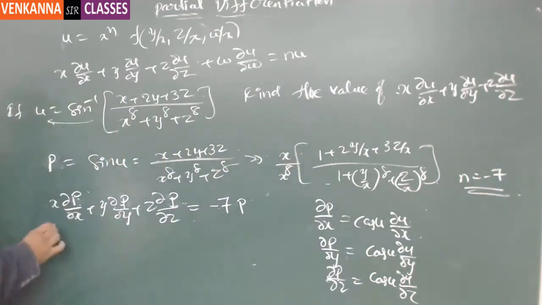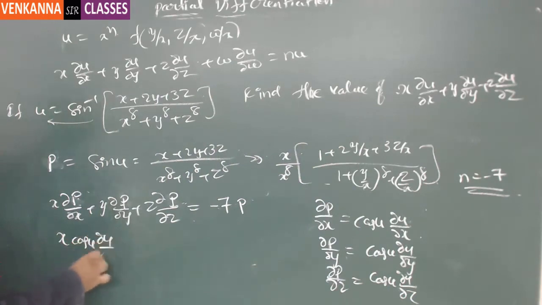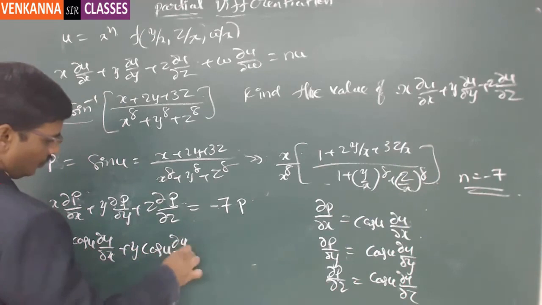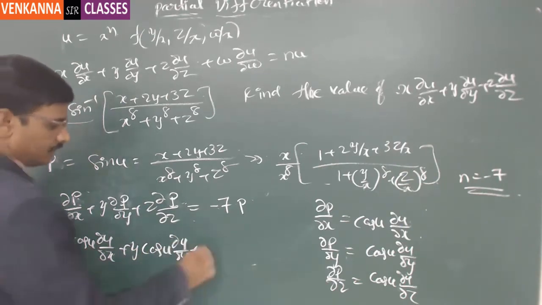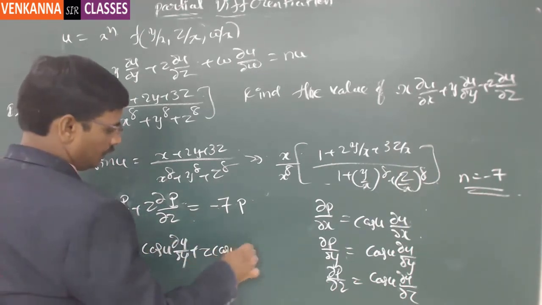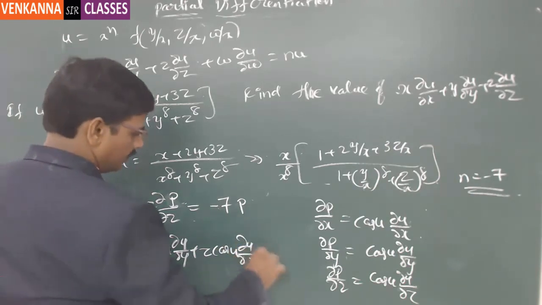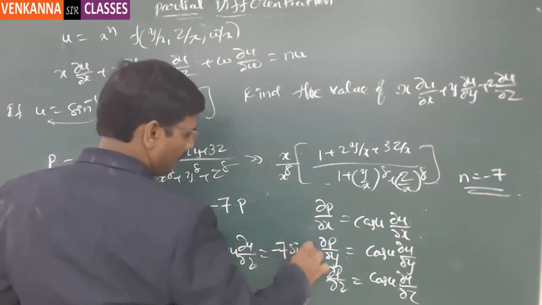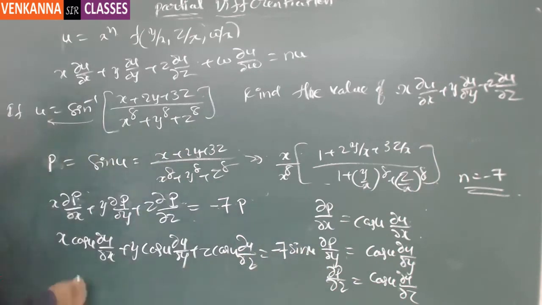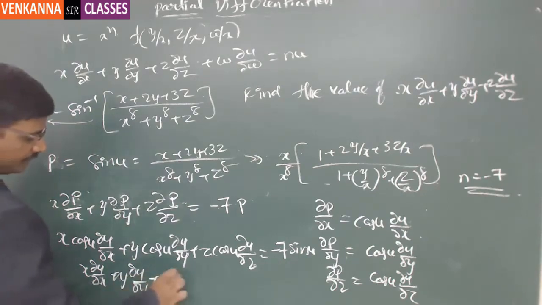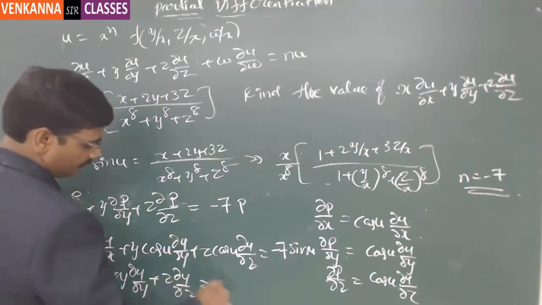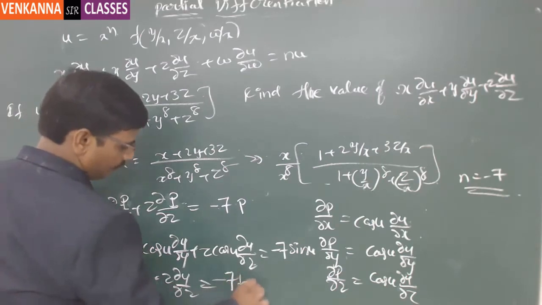So here, x into cos u into del u by del x plus y into cos u into del u by del y plus z into cos u into del u by del z is equal to minus 7 sin u. So if you bring the cos to the other side, x del u by del x plus y del u by del y plus z del u by del z is equal to minus 7 tan u.